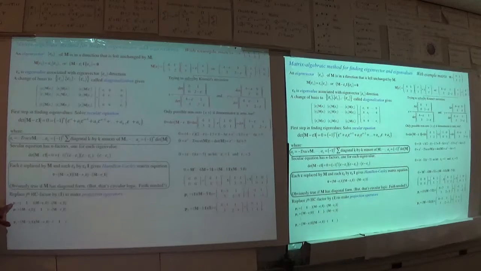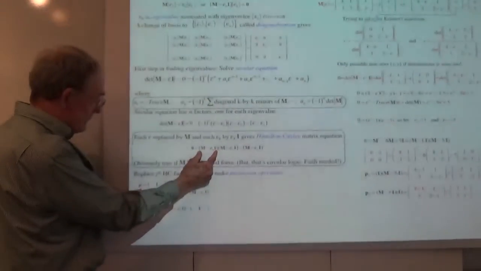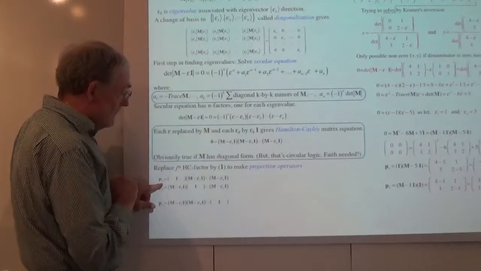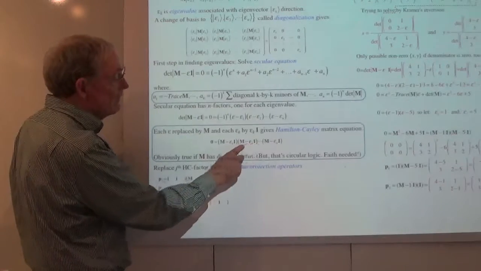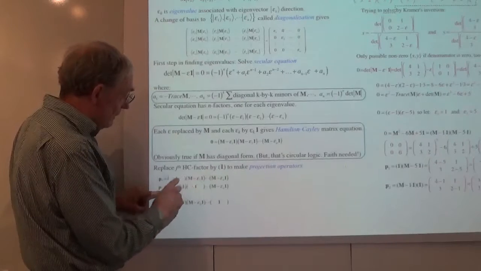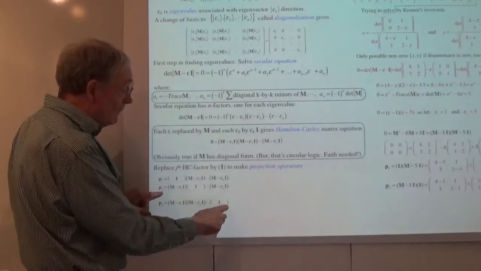Basically, I have a thing called P1, where I simply throw out the factor that goes with the eigenvalue epsilon 1 and keep all the others. Then I go on to the next one called P2, and that's where I drop the second factor from the secular equation. Just put a 1 there if it's a matrix equation. And so forth. I go through as many as I have.